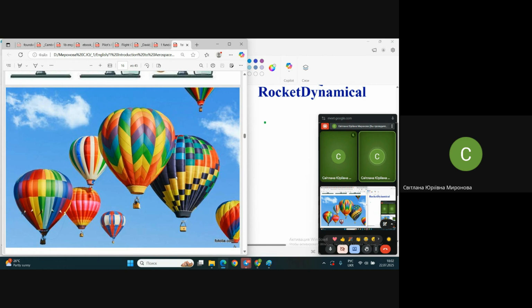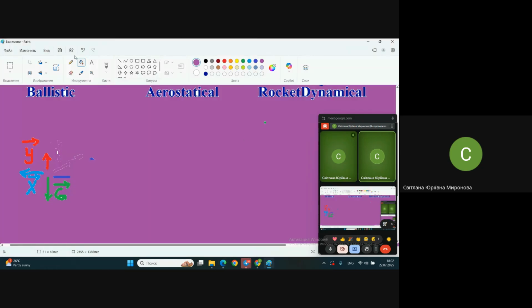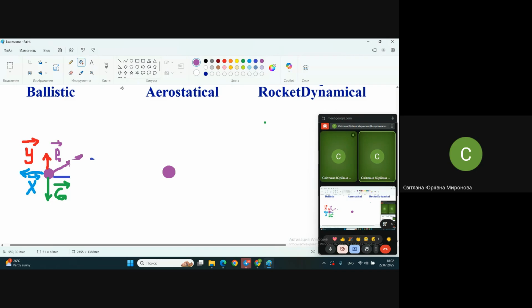Let's talk about forces which act in flight on such aircraft. Now let's draw here an additional volume first, just symbolically, so we remember it comes about aircraft of a certain type.